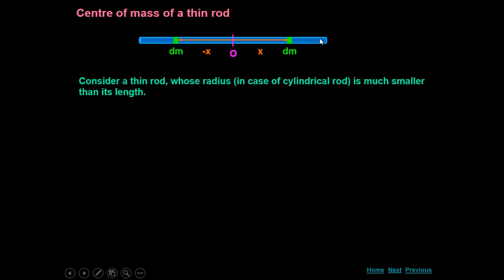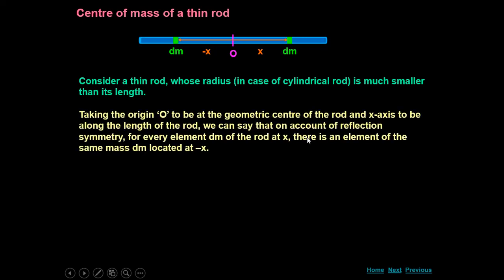And we have to assume that the radius of this thin rod is very small compared to the length of the rod. In such a case we have to apply reflection symmetry. Reflection symmetry means if you stand in front of a mirror, then your reflection will be seen in the mirror.